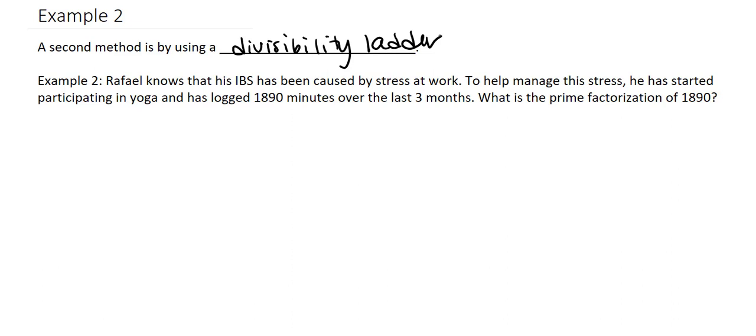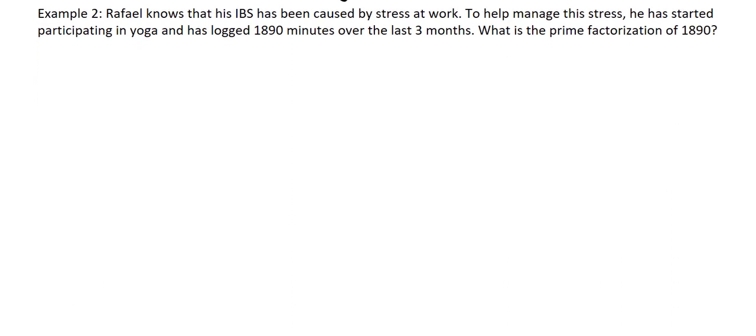So what is the prime factorization of 1,890? We'll go ahead and put a number right here, and it's going to be the same thing. We're going to divide it into all the prime numbers, because all of those multiplied together will equal 1,890.